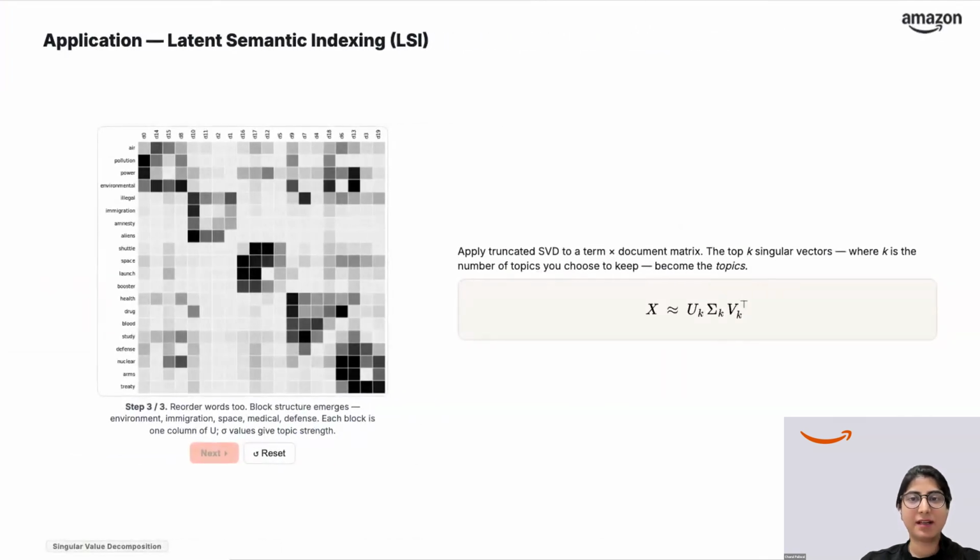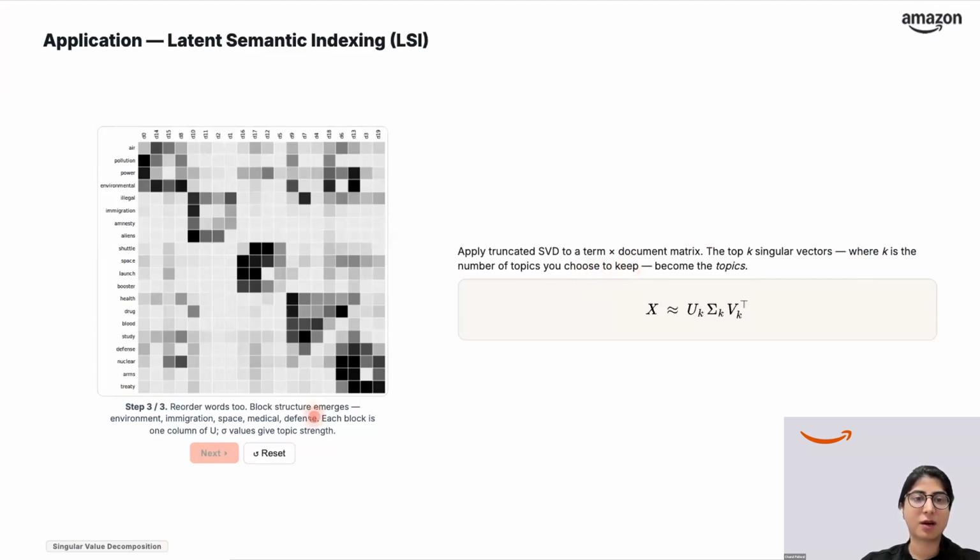Another example you can think of is a term cross document matrix. So if we take the top k singular vectors here, k is the number of topics you choose to keep.